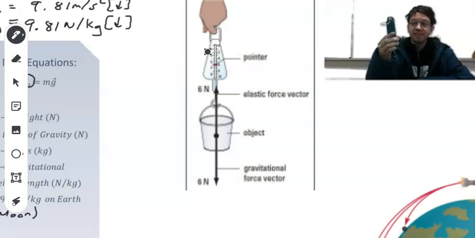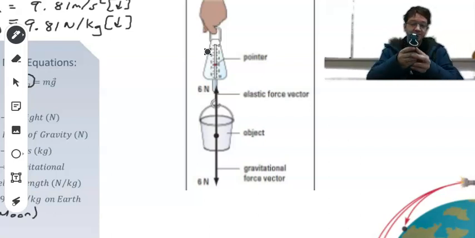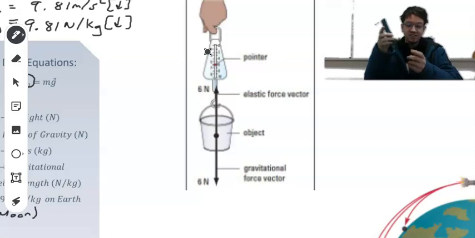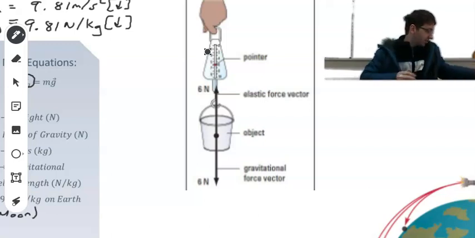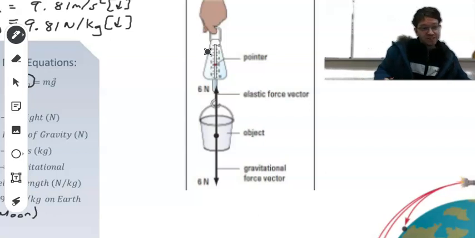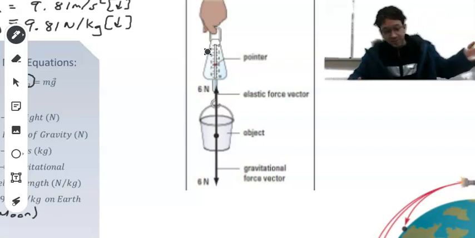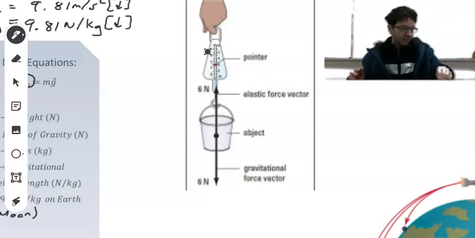It's also called a spring scale because it uses a spring inside of it. You can just put something on it, test its weight, and it will go down, and you can figure out its weight in newtons. But again, if you know the object's mass, you can calculate the weight.